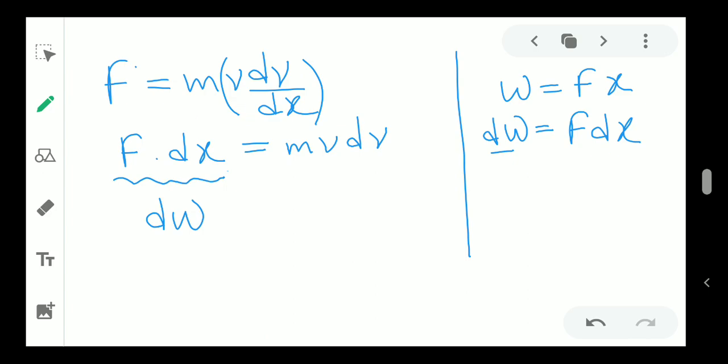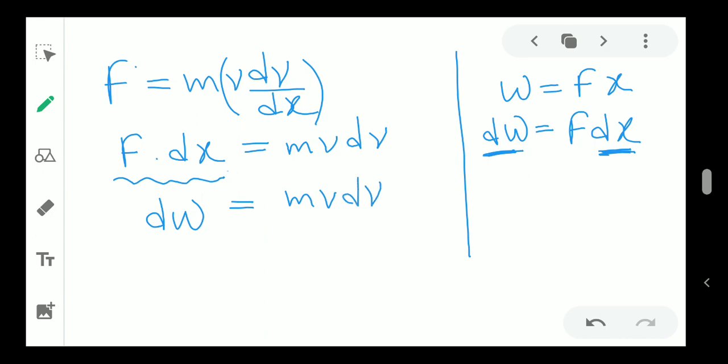So this means a small quantity, this is small work done for small displacement. That means to make a displacement of dx which is very small, infinitesimal, we have to do a little work, that is dw, which is also infinitesimal work. So instead of this I can write dw is mv dv.